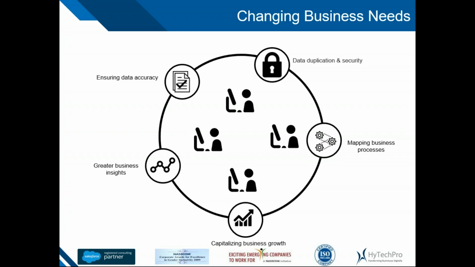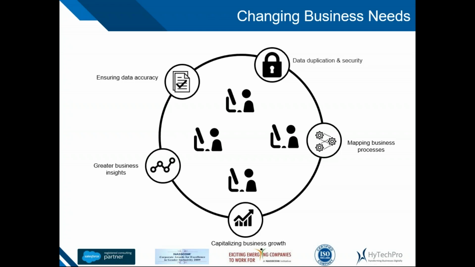So whatever you have invested in Salesforce, you are not able to capitalize on that, because ultimately you have implemented Salesforce so that your sales can grow. But if you're not able to capitalize on that, you obviously hamper your business growth, and the aim of attaining greater business heights with which you implemented the system hits a roadblock.